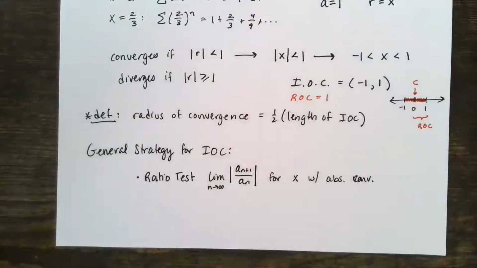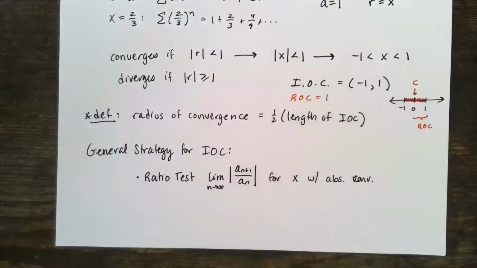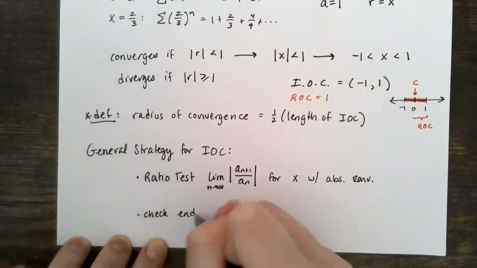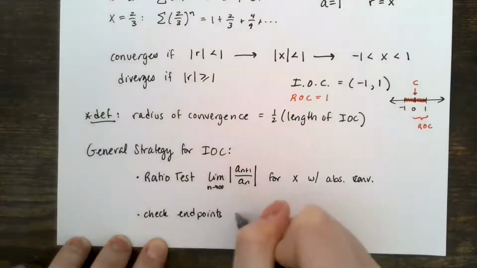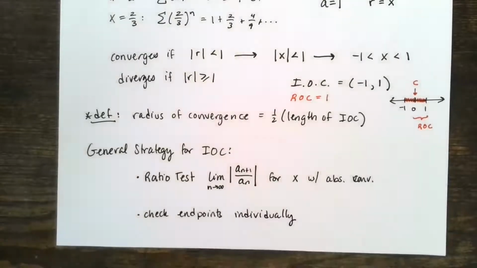And then the x values at the edges, in this case like the -1 and 1, will be the inconclusive case here, and you'll have to check them individually. I'm going to jump right into an example to show you what I mean, because this takes a lot of work from here to here.